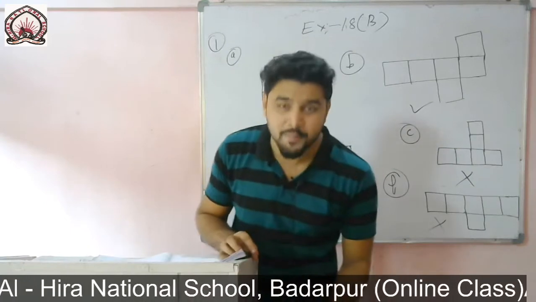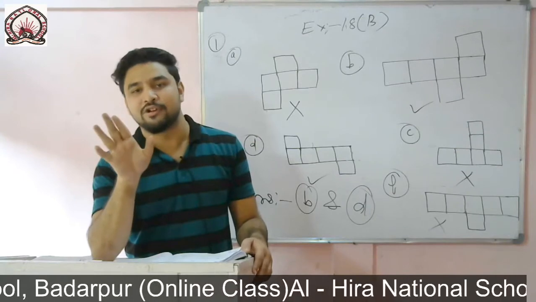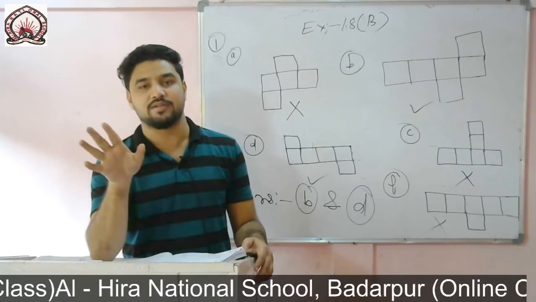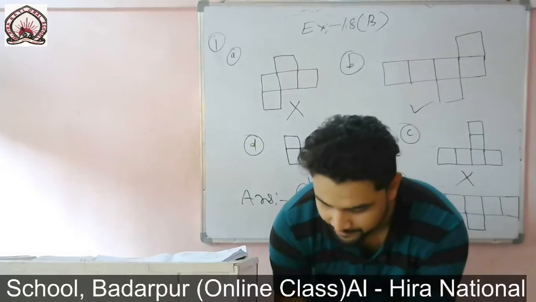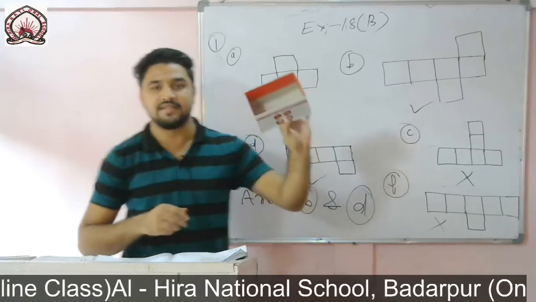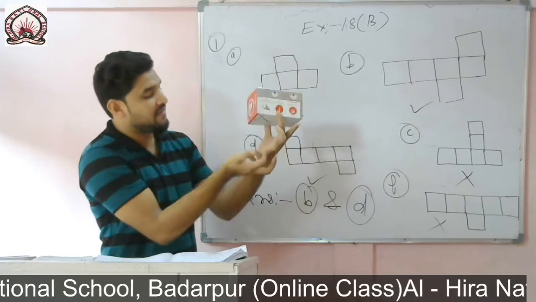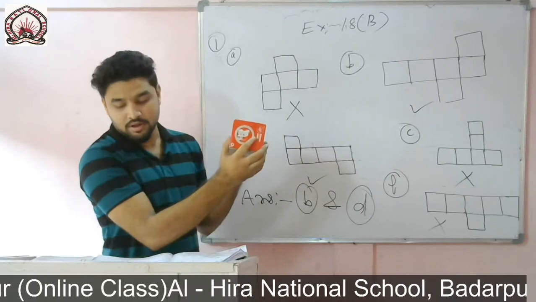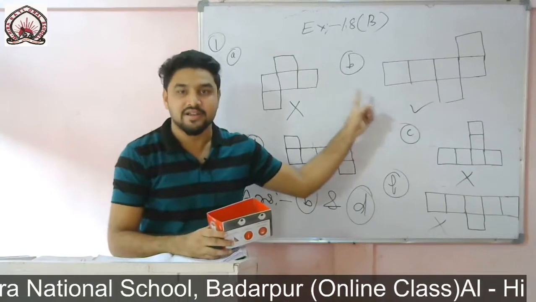Open box means one side will be open. That means there will be 5 faces or 5 sides. It will be like this. If I take an example of this box, it's an open box. You see, 1 face, 2 face, 3 face, 4, 5, and 6 is open. So for an open box we need 5 faces, and for a closed box we need 6 faces.